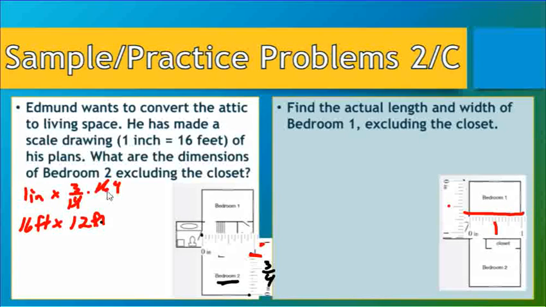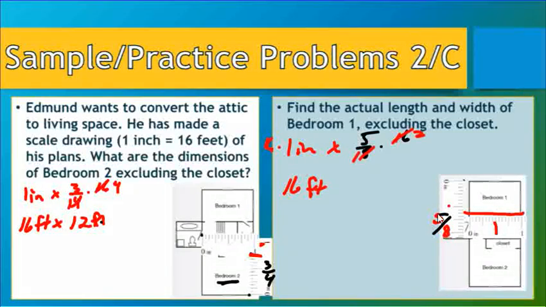So we would round that, we could say this about 5/8. So we have 1 inch by 5/8 inch. We're going to multiply everything by 16. So we have 16 feet. Here I can divide this by 2 or by 8, and I get 5 times 2, which would be 10 feet. So this smaller bedroom would be 16 by 10.